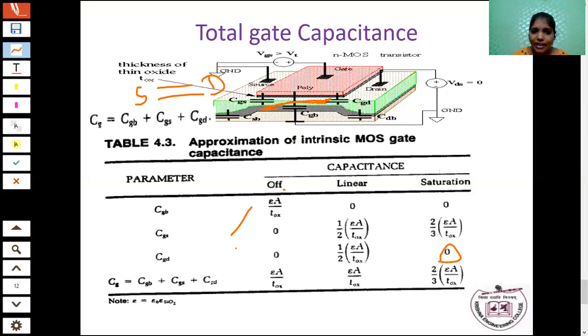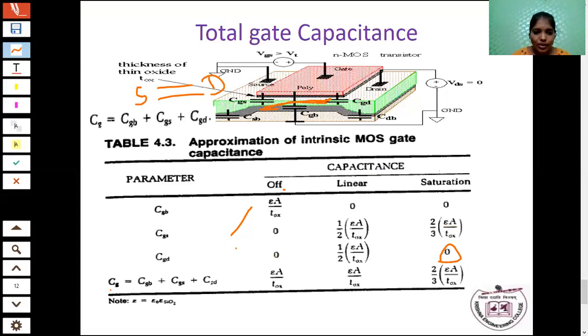Between the gate and source, the capacitance value is 2 by 3 into epsilon A by TOX, about 66%. Near the gate-to-drain region the channel is negligible, so its value is 0, but elsewhere it has only about 2 by 3 of the channel.